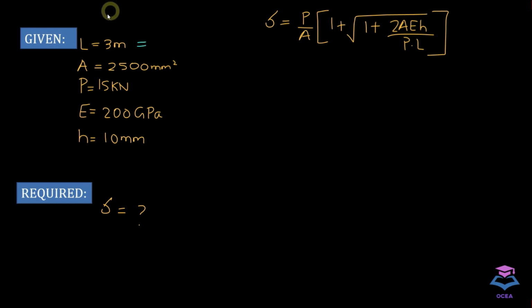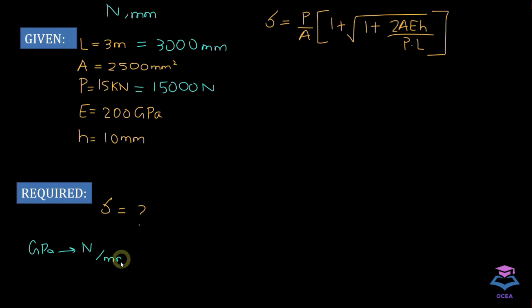So I'm going to keep the units in terms of Newton and millimeter. So convert this length from meter into millimeter. This would be 3000 millimeter, and convert kilonewton into Newton, just multiply it by 1000. And we need to convert this E from gigapascal to Newton per millimeter square.